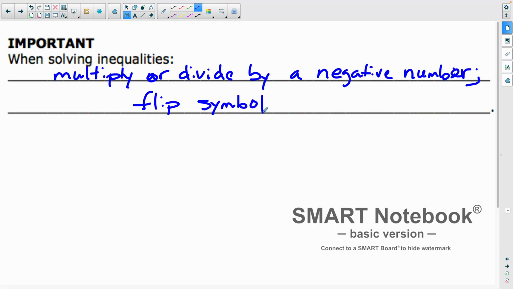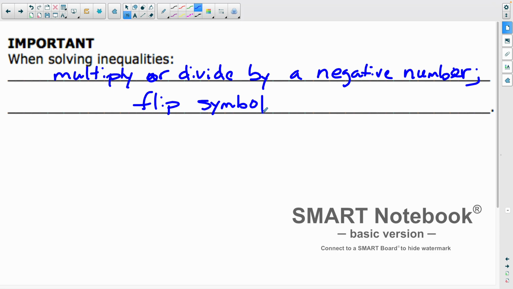What I'm talking about is that less than or that greater than. When I multiply or divide by a negative, I have to flip the less than, make it greater than, or vice versa. Do you have to do that with an equation? No. What happens if you flip an equal sign? It looks the same, right? It doesn't look like it's changed. So technically you could say we're still flipping it, but it doesn't change. But inequalities, they do.